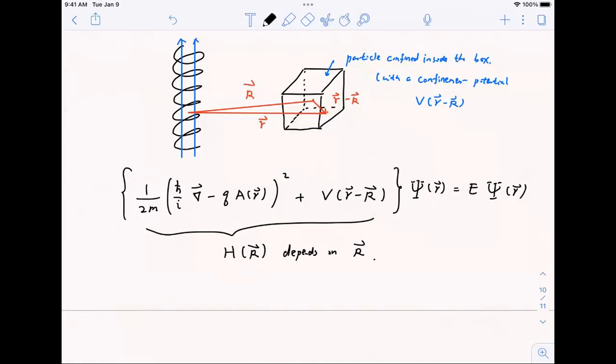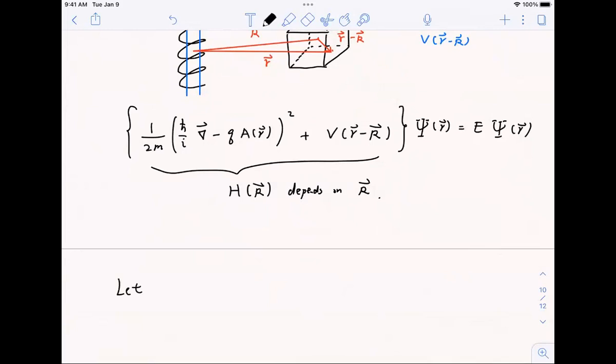Then we are going to use what we learned in the last lecture. In the last lecture, you say if you have a Hamiltonian that depends on a certain parameter, then you let that parameter change slowly, and then go back to the initial position.